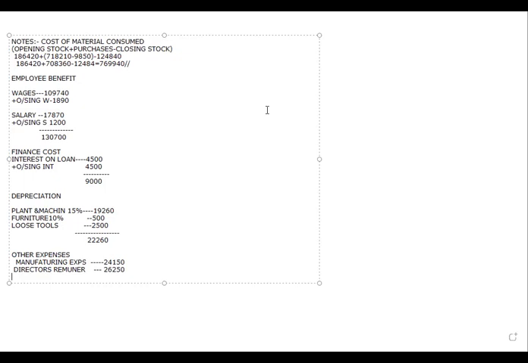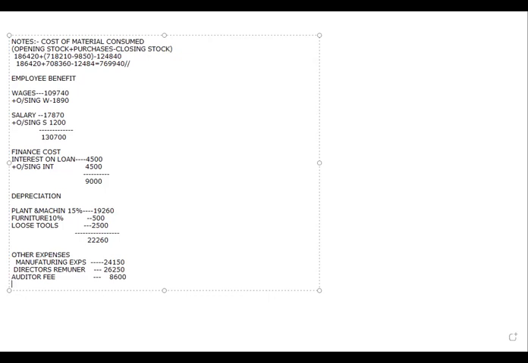Actually, in the last problem I told you, there I did not write about preliminary. I said preliminary will be minused from the reserves and surplus, in the balance sheet. But here I am writing a preliminary. Why is it so? Because he said to write off the preliminary. When he uses the words write off, whatever portion he said to write off, that much I'm going to take away. For example, the total preliminary expenses in the trial balance was given as 6,000. So he said write off 2,000. So from the total of 6,000, I'm going to take away 2,000 from the current year profit.